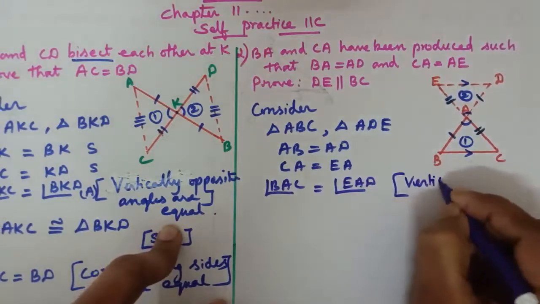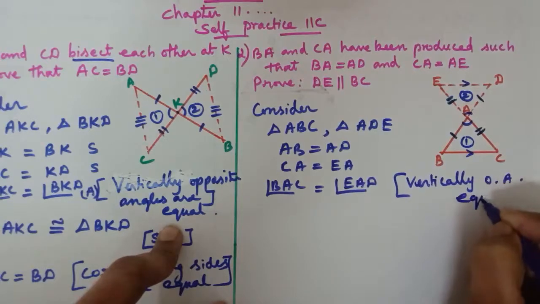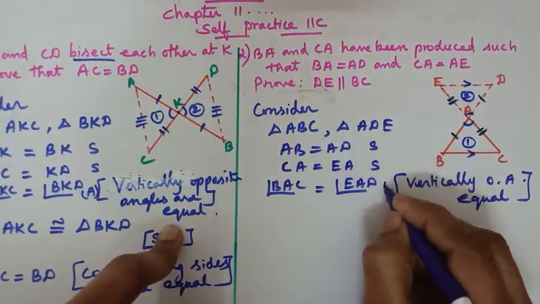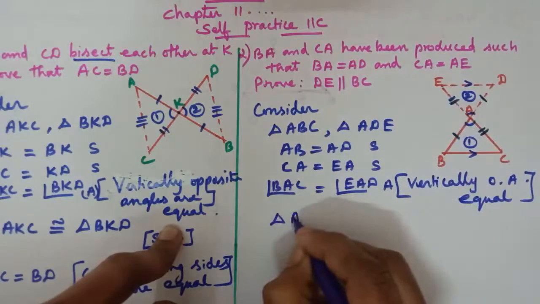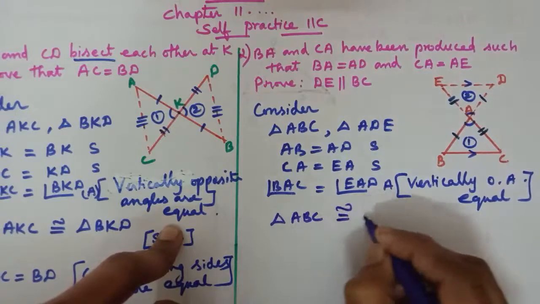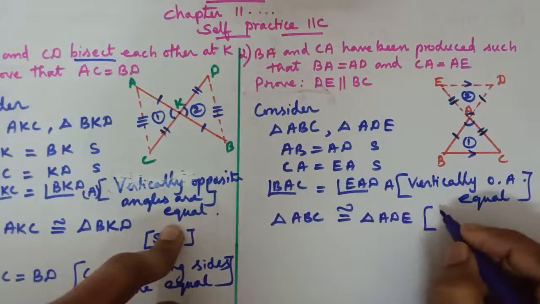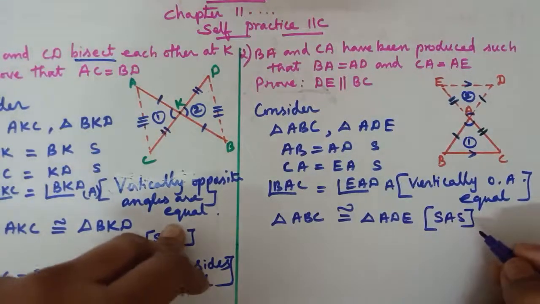Vertically opposite angles are equal. So this is side, this is side, this is angle. Side, angle, side. Triangle ABC is congruent to triangle ADE by using SAS congruence rule.